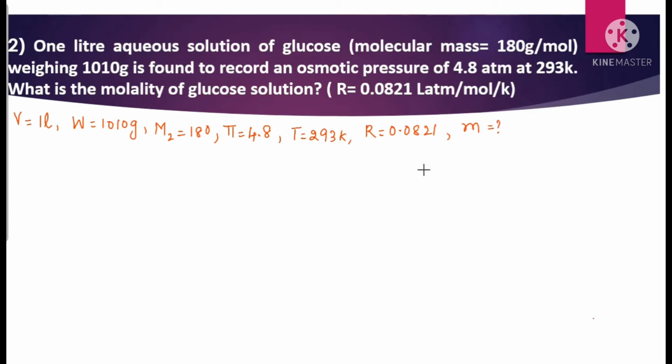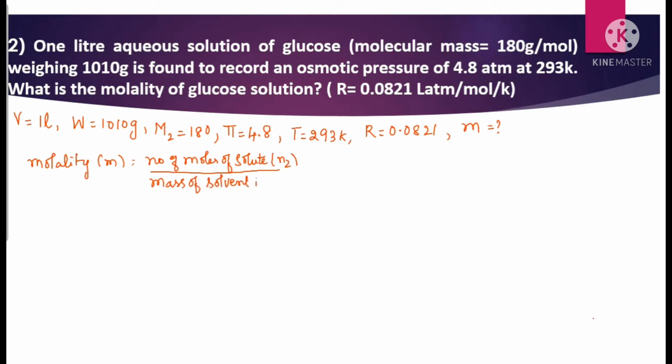How to do this problem? Volume is given, weight of the solution is given. So let us write the formula for molality first. Molality, m, is equal to the number of moles of solute, n2, divided by the mass of solvent, not solution, the mass of solvent in kg, that is W1.